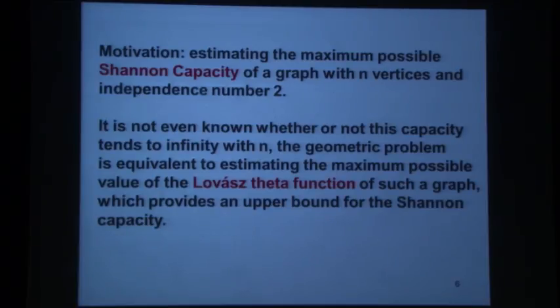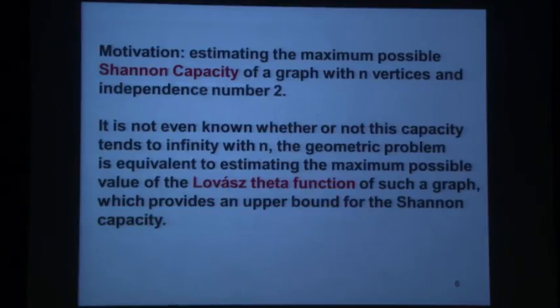But if we use long ones, then maybe the effective size of the alphabet gets bigger. So this is the Shannon capacity. Again, I'm not really talking about it. And it's not even known for that question about the Shannon capacity if this capacity tends to infinity with n, the size of the graph, or is it bounded maybe by 5 or something, as far as we know.